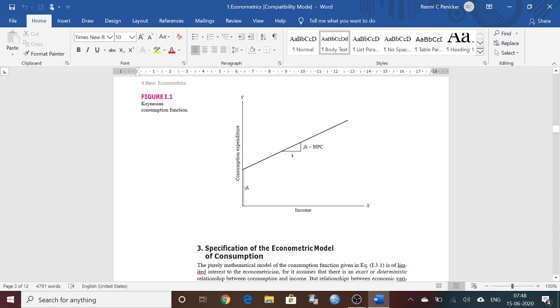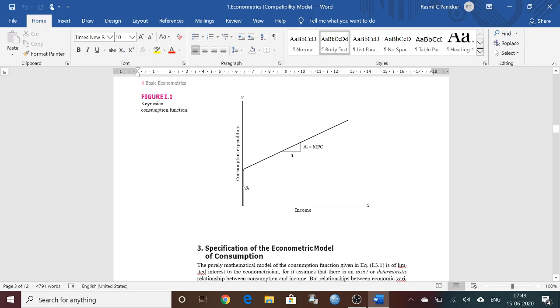So beta 2 is MPC because it is the slope, and beta 1 is the intercept. Intercept is beta 1, that means autonomous consumption. At 0 level of income also you are going to consume. That's why the line starts from this point. Otherwise it starts from the origin, right?